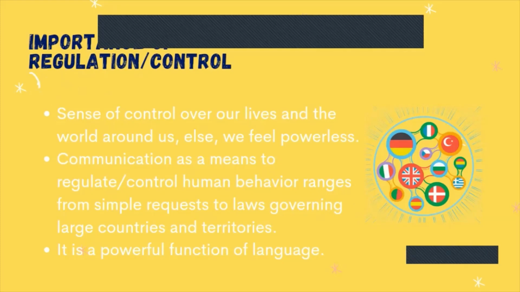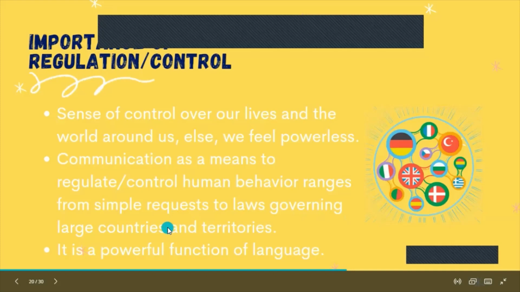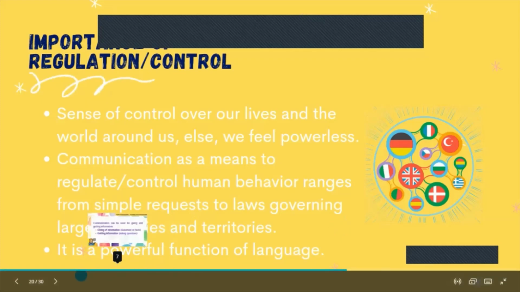We know how to socialize with them, and we know how to put ourselves in the right places. Next, it is a powerful function of language. Communication is important because it gives us the function of using words or language in controlling ourselves and the other people around us.